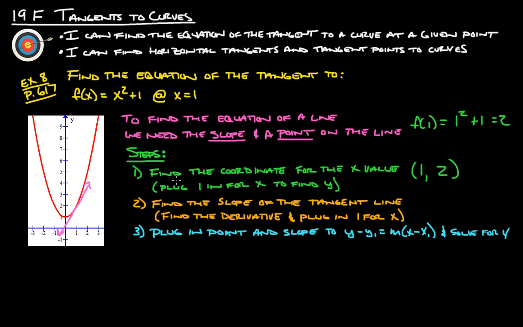Okay, so we've done step 1. We've found the point that we're going to use to find the equation of our line. Now the second thing we're going to do is find the slope of the tangent line.